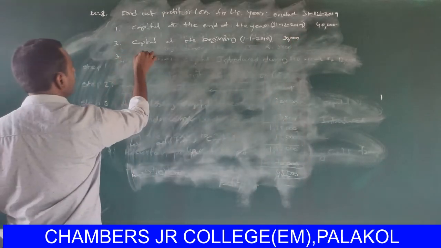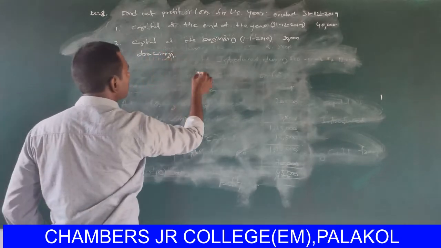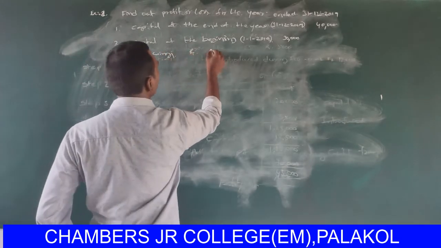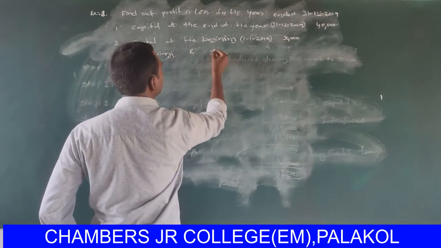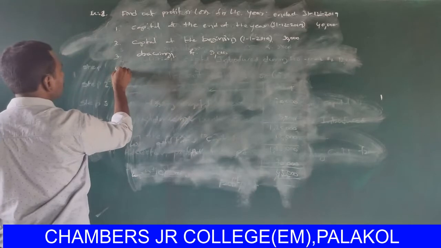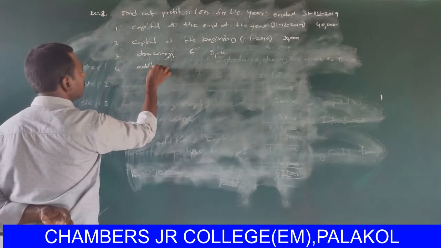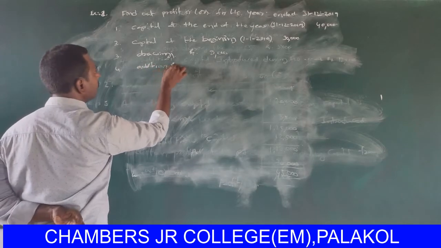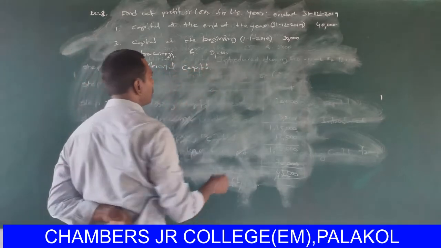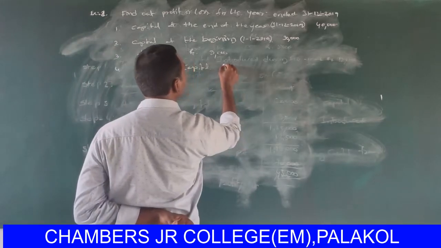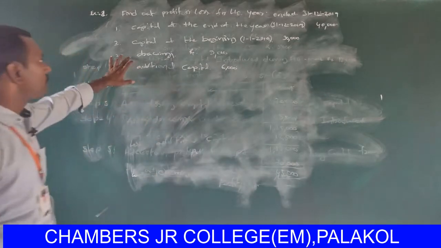Third one, drawings, rupees 8,000. Fourth one, additional capital, rupees 6,000. This is the problem.